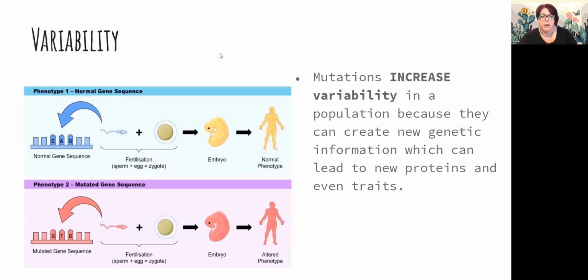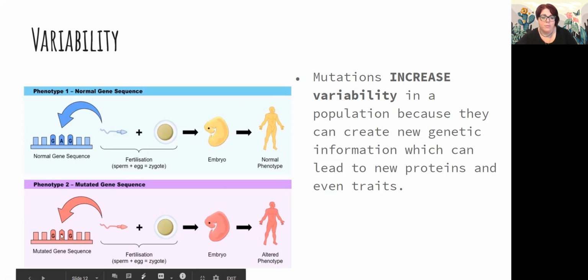We also always talk about variability when we're discussing mechanisms, and in this case, mutations will always increase variability. And this is because they can create new genetic information, which means that there's basically new stuff in a population. So if you look at the picture here, this is looking at how you have a sequence that through reproduction, so sperm and egg coming together, and development through embryo will give a particular phenotype.